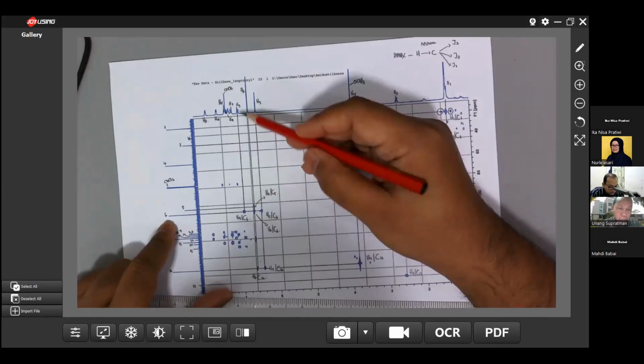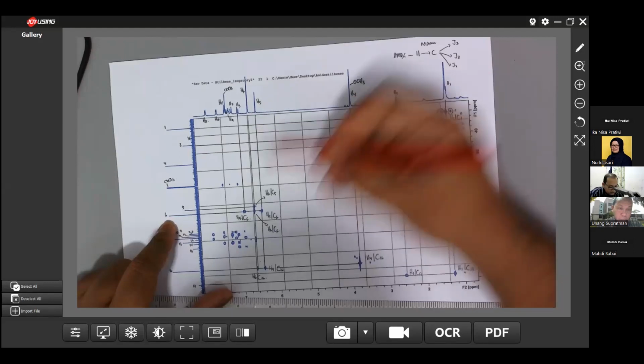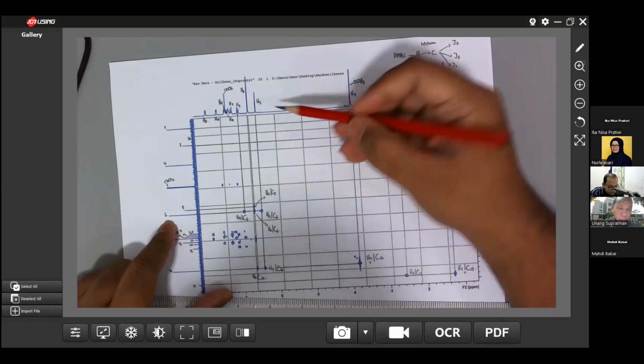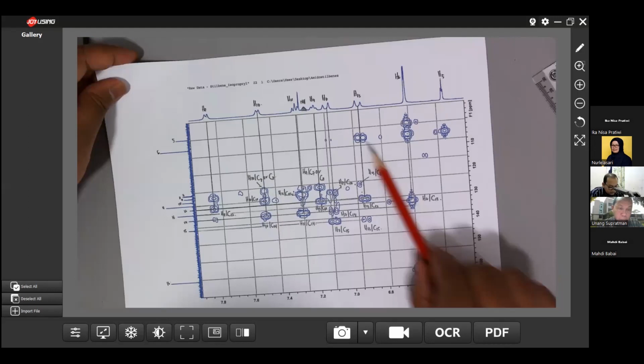Proton number 5 can see carbon number 6. And you have to expand it, so I already provide you the expansion. This one is already solved. So you have to check this one.